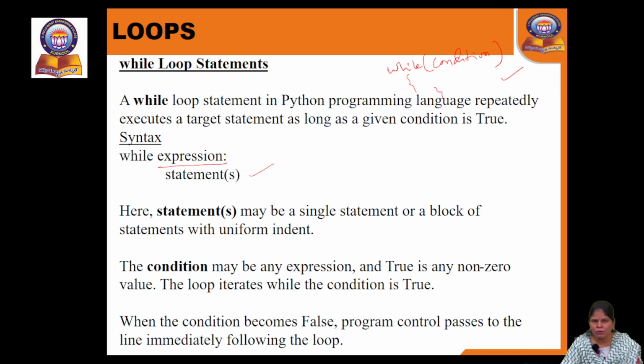Whenever you are writing the while loop in Python, you have to use the keyword while, followed by a condition or expression, and then you must use a colon. Then you follow some indentation and mention the statements below. If you have one statement, you can mention it after the colon itself.